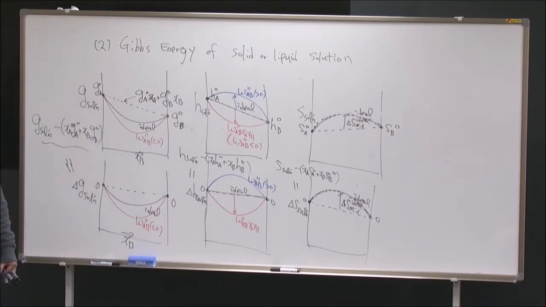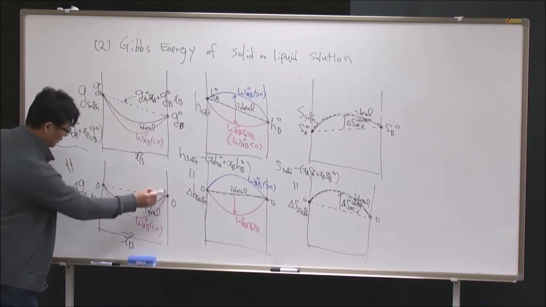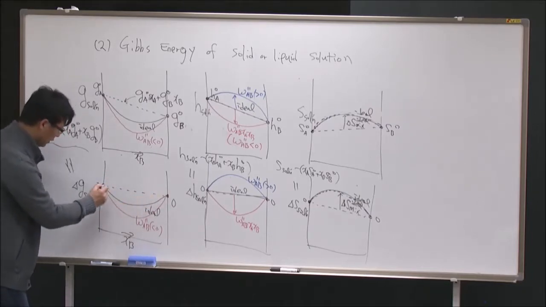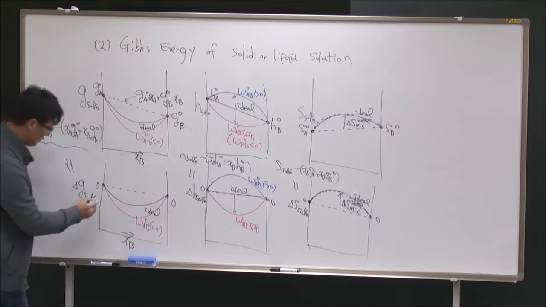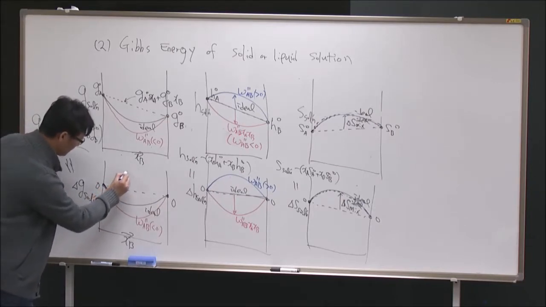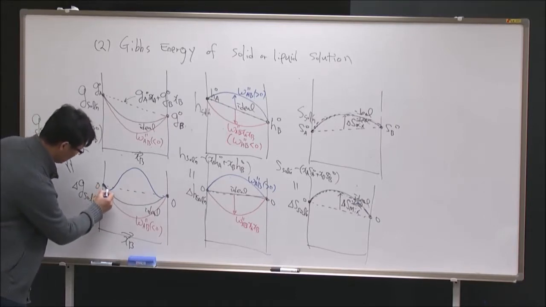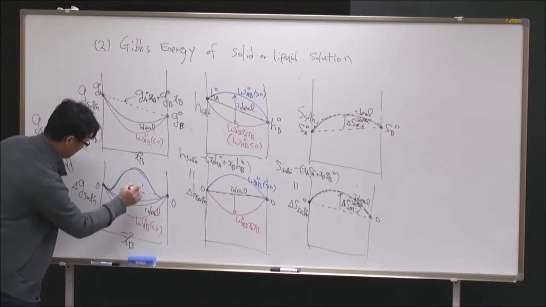Okay, good. When omega AB is now positive, then interestingly, it's not going like this, because you have this ideal term here, so you cannot just suddenly go up like this. It should start slightly like this, and then when you have a more positive term, you go up like this.